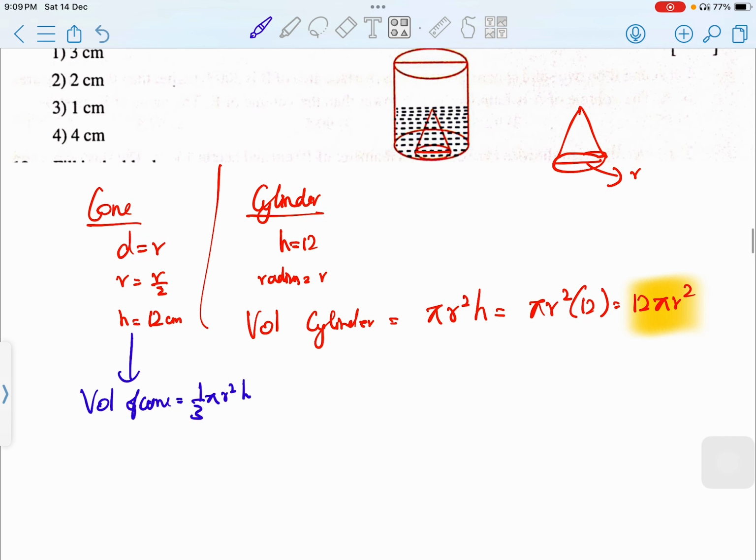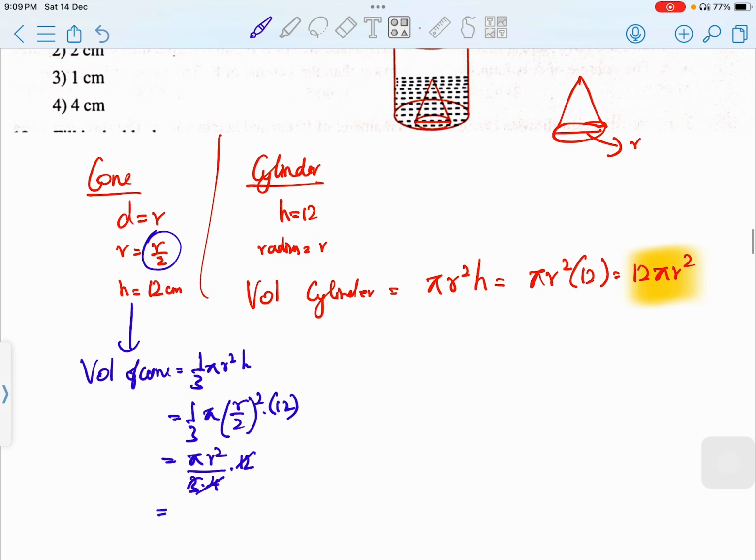So it will be the radius only. What is the radius here? R by 2 is the radius. So 1 by 3 into pi into r by 2 the whole square into 12. When you calculate, pi r square by 3 into 4 into 12, so 12 and 12 cancel. Volume of cone is actually pi r square.